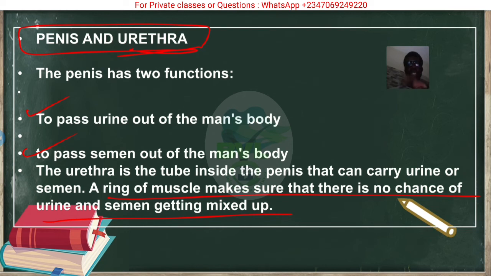When semen is coming out, urine will not come out during that period. So there's a muscle that, when urine is coming out, blocks semen from coming out. I'm not sure I've heard of urination and semen coming out at the same time. It's almost impossible, and that's made possible because there's a muscle that closes the passage of either of these when one of them is coming out. Hope that made sense.